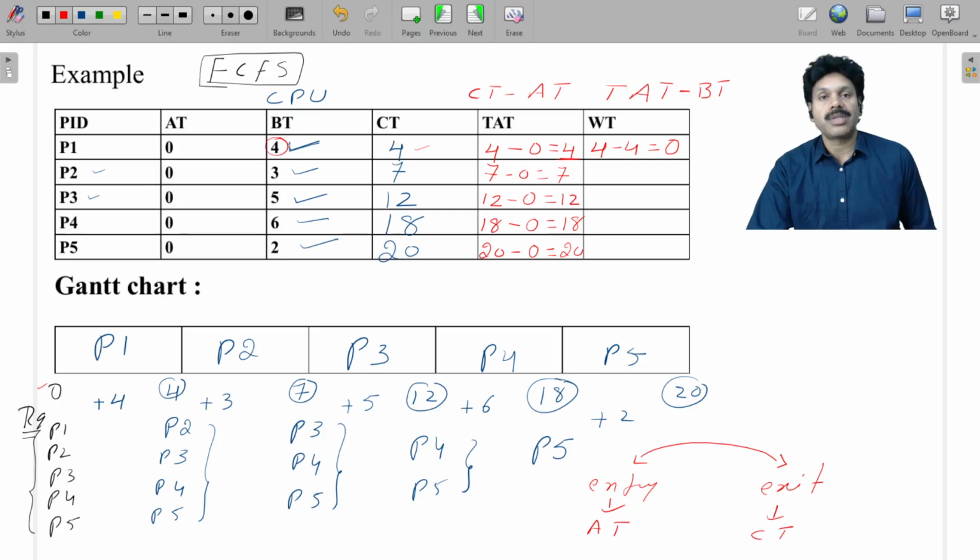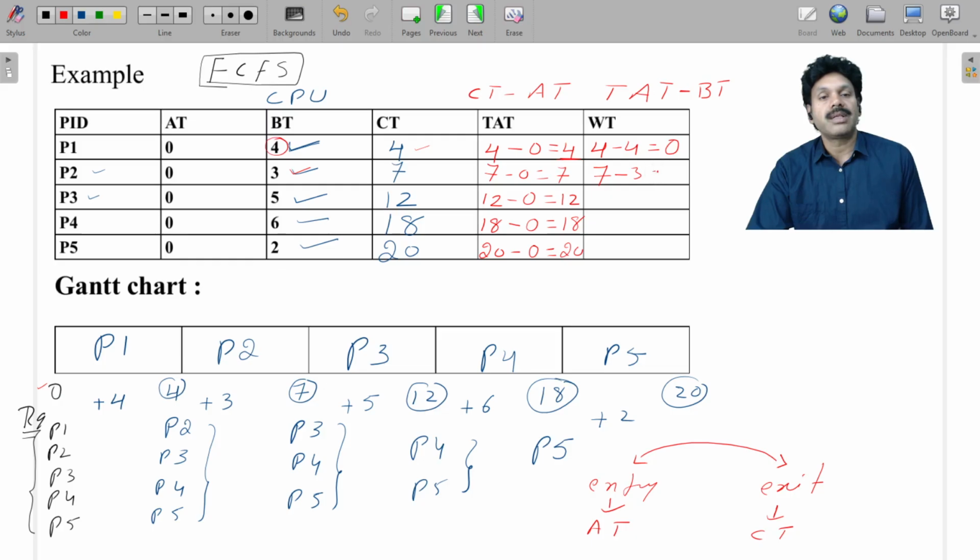But for the rest of the processes, if you understand, P2 has come at 0, but it is taken at 4. There is a waiting time. And even if you talk about P3, P3 has come at 0, but it is picked at 7. So there are some waiting times for processes other than the first process in this example. Now, P2 turnaround time is 7, but its time spent with the CPU is only 3.